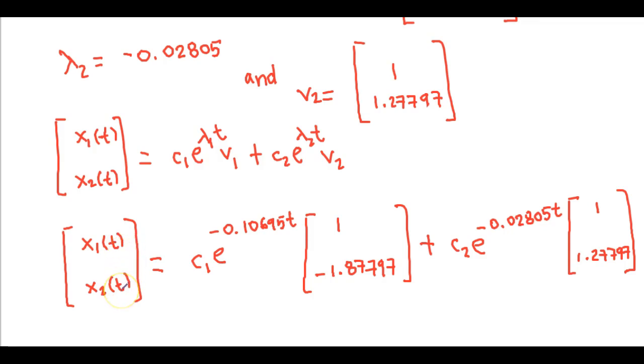So this is what we would conclude from using the eigenvalue method in this exercise about mixing with two compartments.